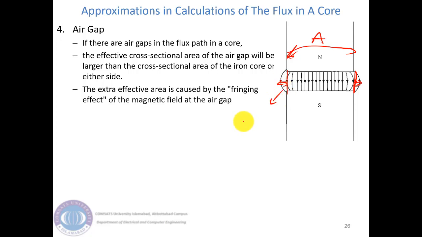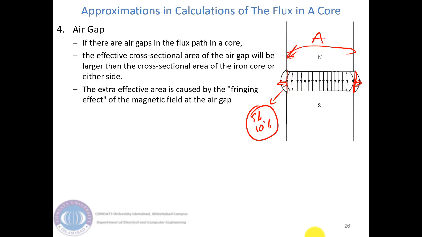So we can sometimes add it, it could be even 5% or sometimes 10% of the actual cross sectional area. We can use this as the additional part of the cross sectional area for this air gap path.